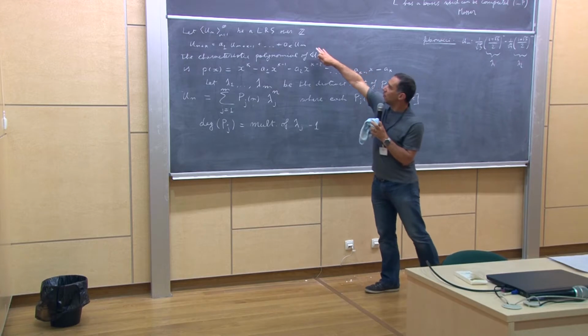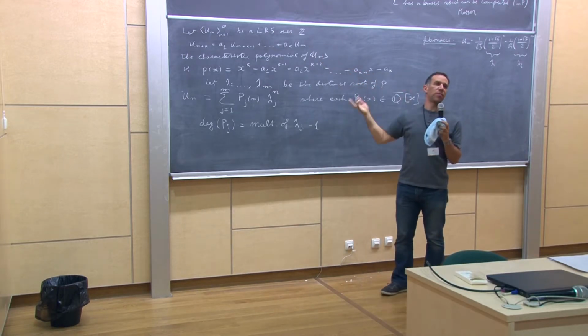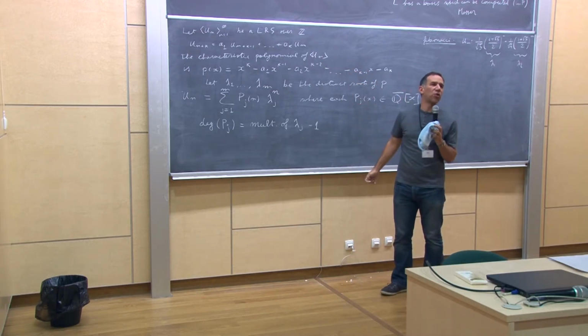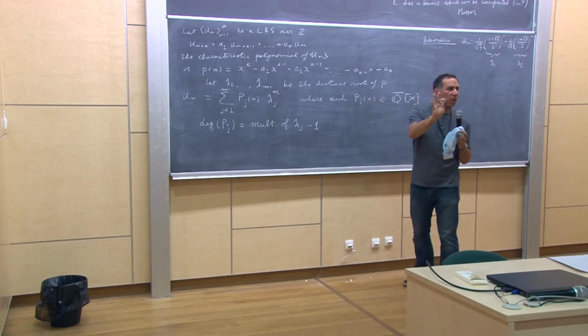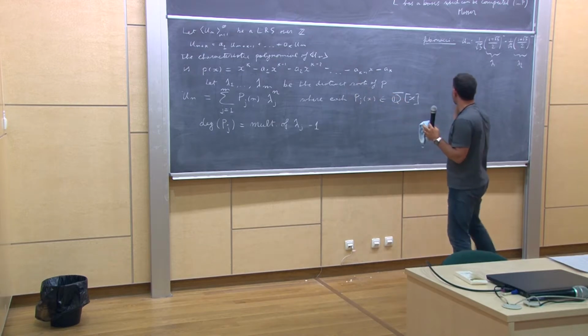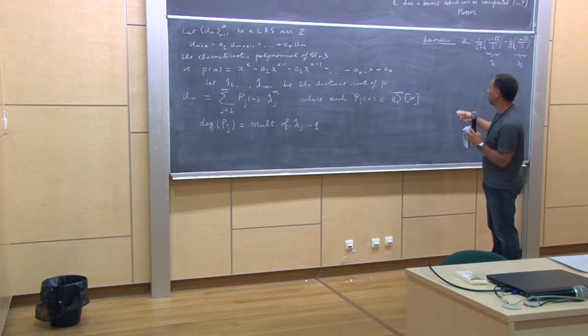Now the set of solutions of a linear recurrent sequence actually forms a vector space, and so you basically proceed from there. But let me give you another proof of this fact, which is perhaps more intuitive.